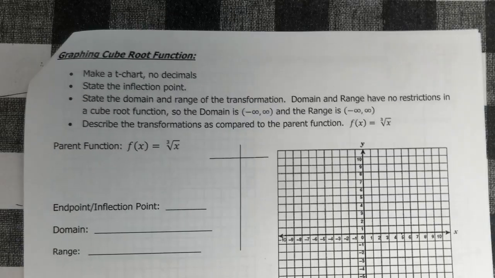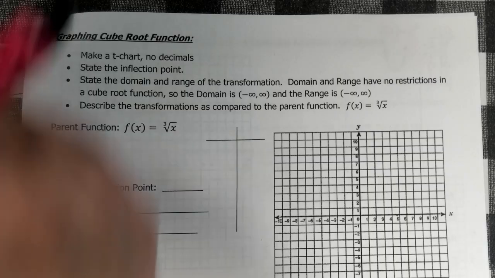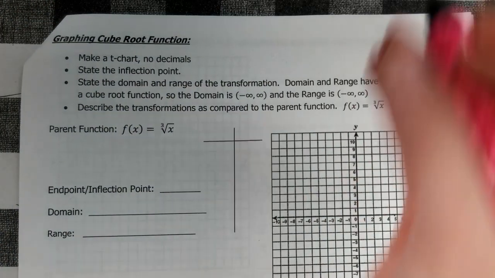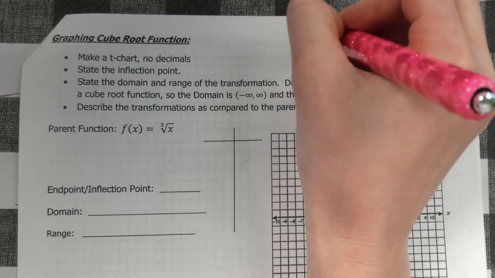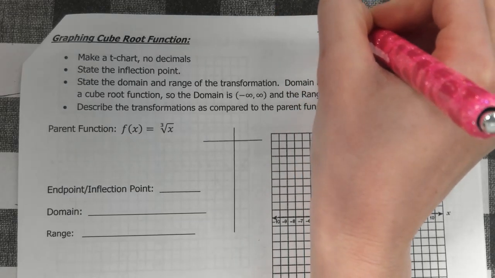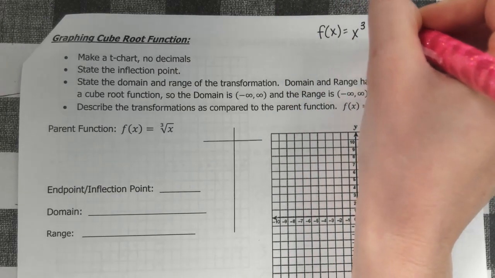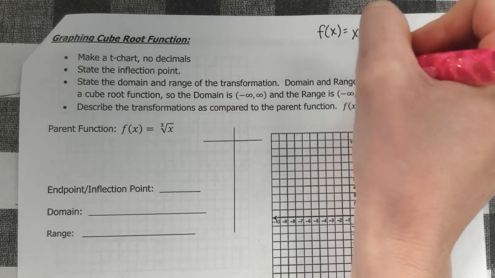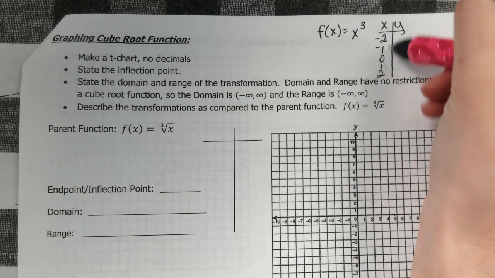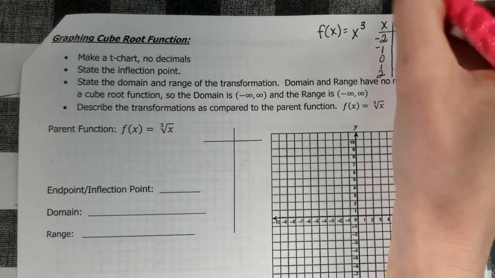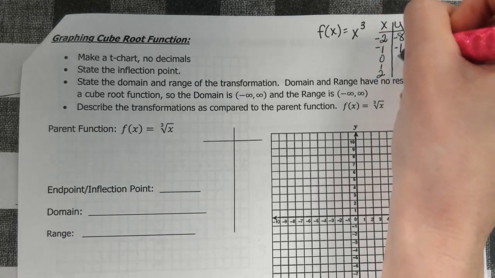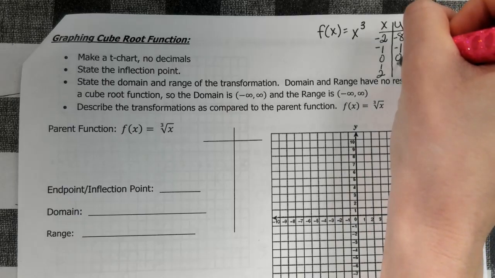All right. We're going to move on to cube root functions. So we've done y equals x squared. When we did f of x equals x cubed, our parent function was -2, -1, 0, 1, 2. And we would cube all of those. -2 cubed is -8. -1 cubed was -1. 0 cubed is 0. 1 cubed is 1.